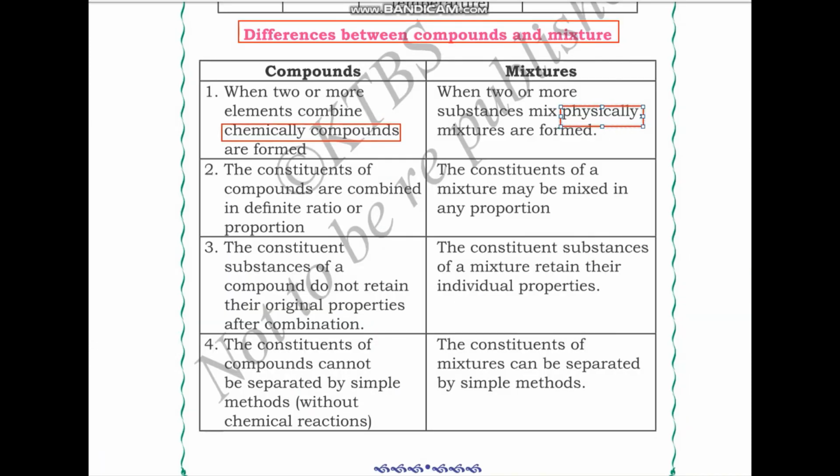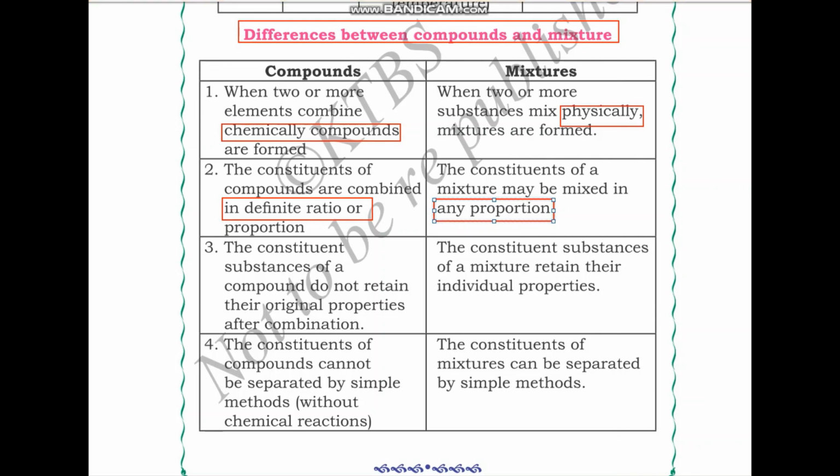Next, the constituents of compounds are combined in a definite proportion. Okay, so there needs to be a definite proportion for the constituents of a compound. But the constituents of a mixture can be mixed in any proportion. Okay, the constituent substances of a compound do not retain their original properties after combination.